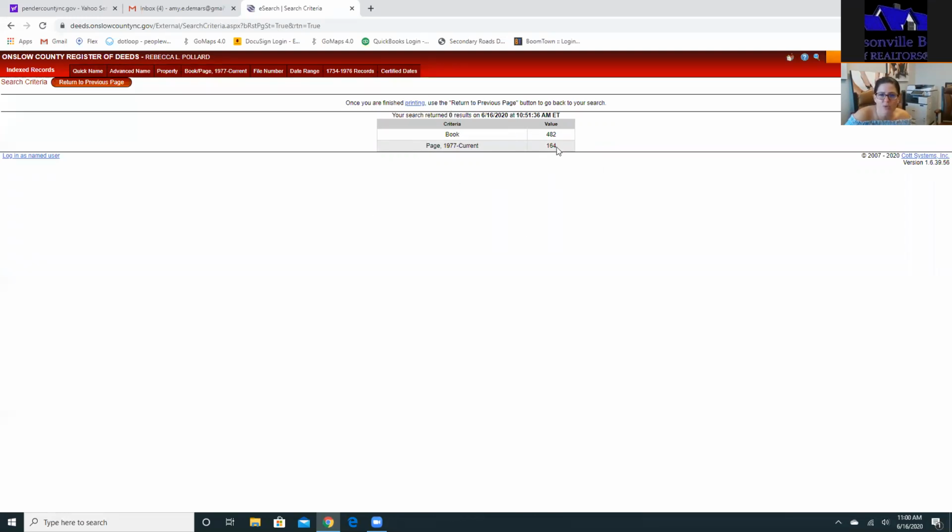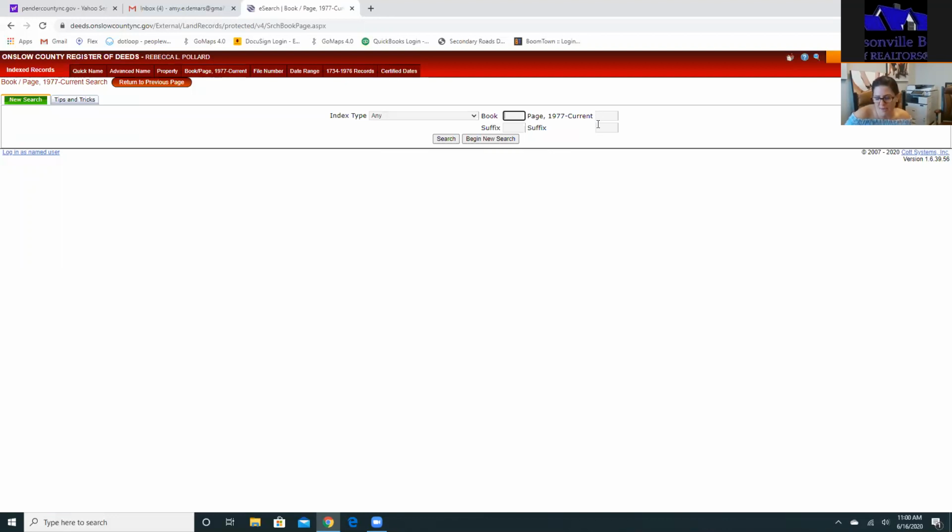A lot of times when you get that, it's because this one says 064 instead of 164. If there's a 0 on the front of a number from a deed book or something that's pulling automatically, it's not going to pull anything up. But you just need to go back to book page and take out that leading 0.